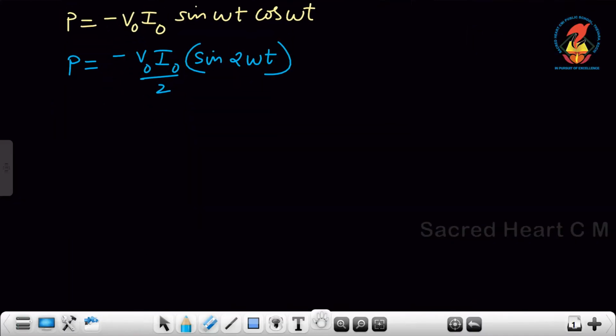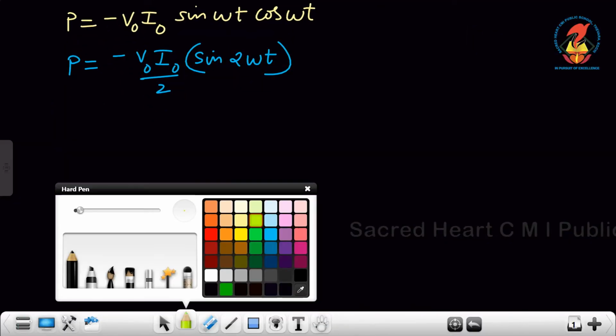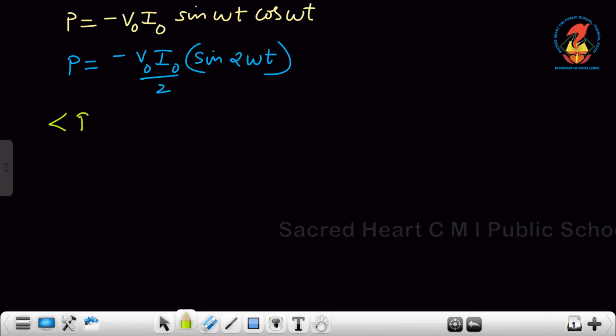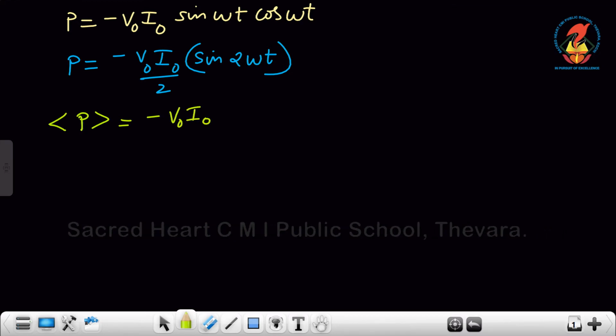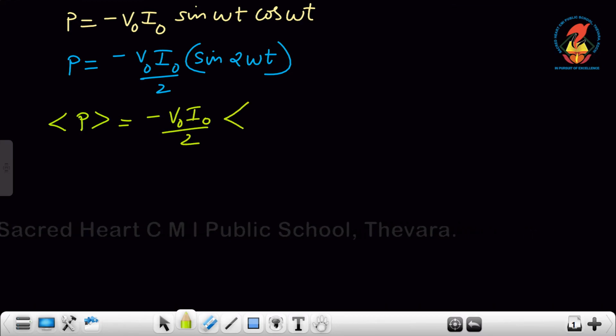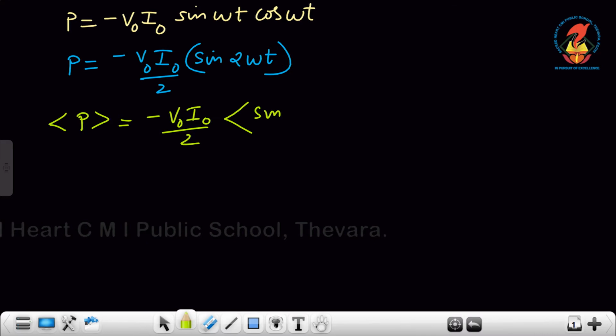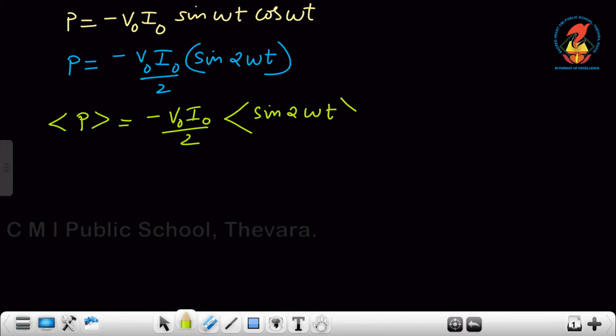Now how will we find the average power? I put it like this. This is the representation for the average power. Average power is equal to minus V0 I0 by 2 times the average of sine 2 omega t.